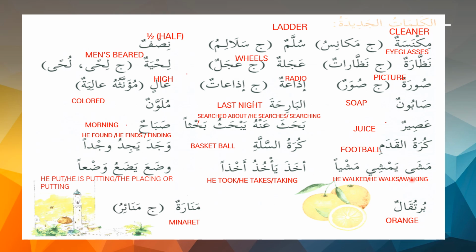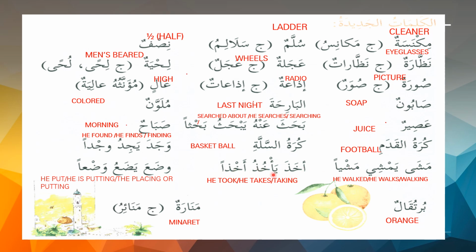Masha yamshi. So this was what I was talking about. A verb with an alif makhsura in present tense. The alif makhsura changes to ya. Yamshi in present tense, and mashyan is the masdar, that means the walking. Akhadha ya'khudhu akhdhan.